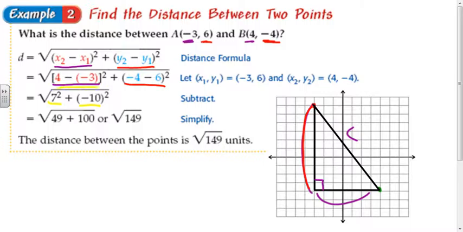This is 7, this is -10. 7 squared is 49, -10 squared is 100. 49 plus 100 comes out to the square root of 149. So in the end, we would say the distance in between them, or our c value, is the square root of 149.